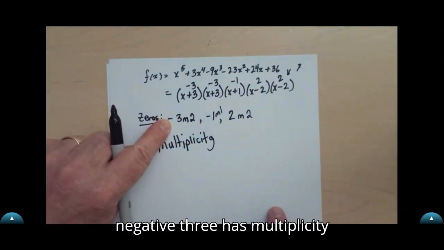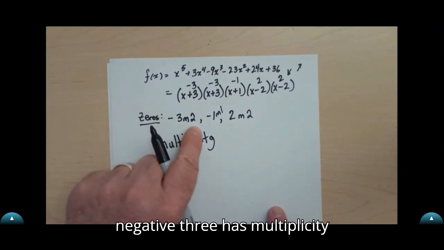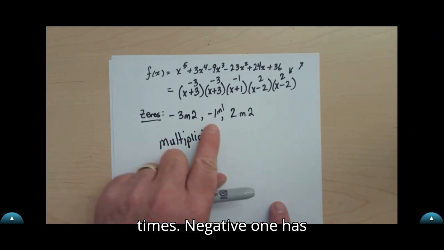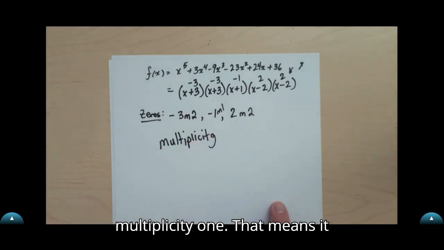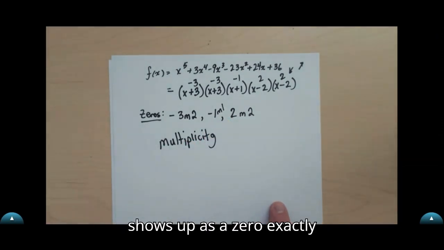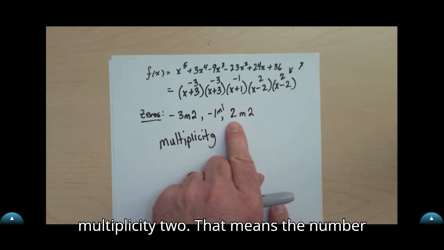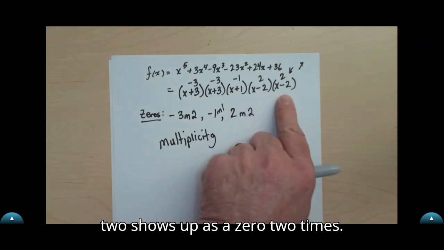So the -3 has multiplicity 2. That means it shows up as a 0 2 times. -1 has multiplicity 1. That means it shows up as a 0 exactly 1 time. +2 has multiplicity 2. That means the number 2 shows up as a 0 2 times.